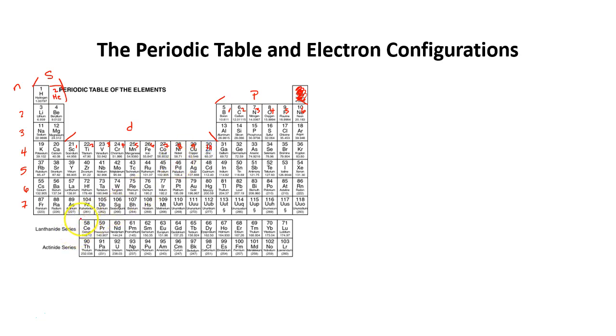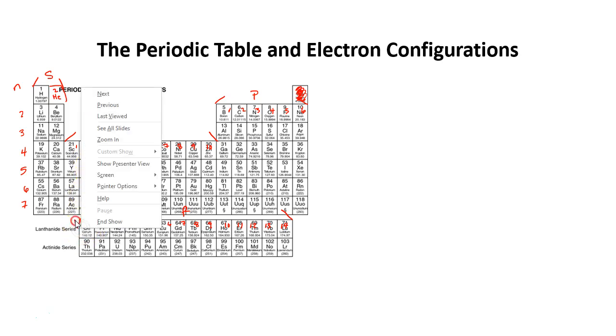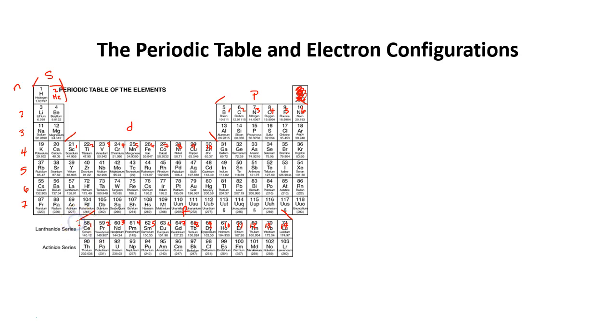And then down here we have our F atomic orbital, which holds a maximum of 14 electrons. Okay? So, now with the F block, it's going to sandwich in between right here. Alright?